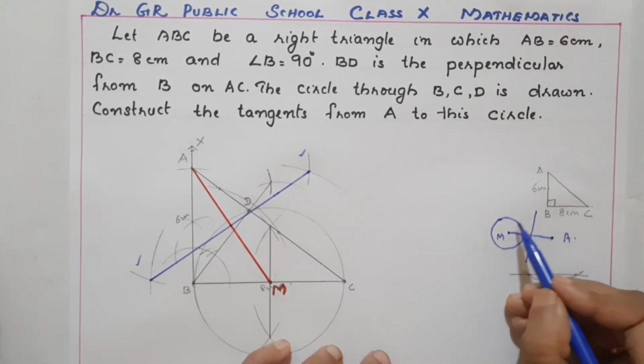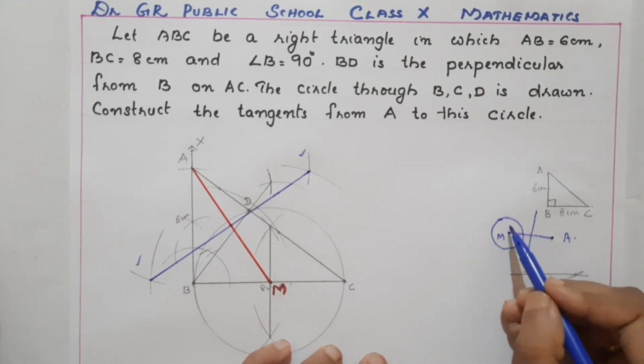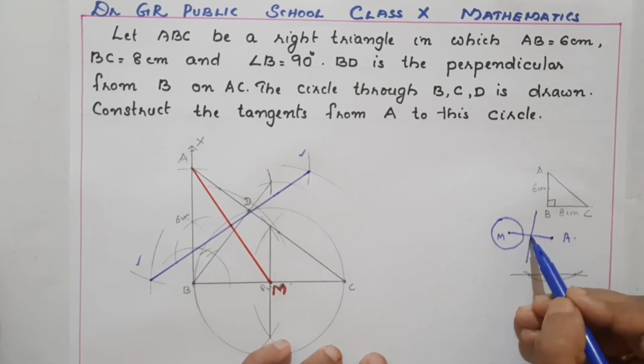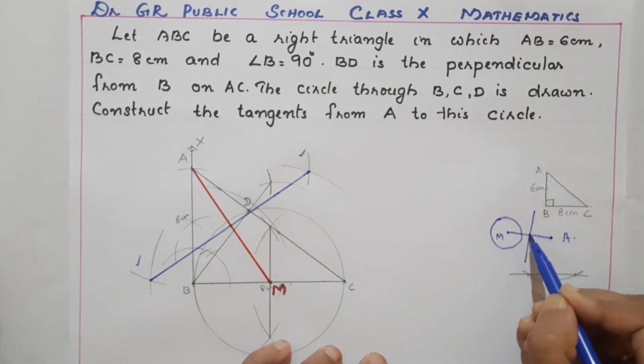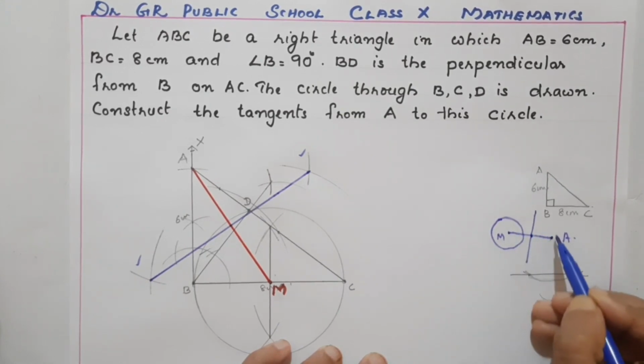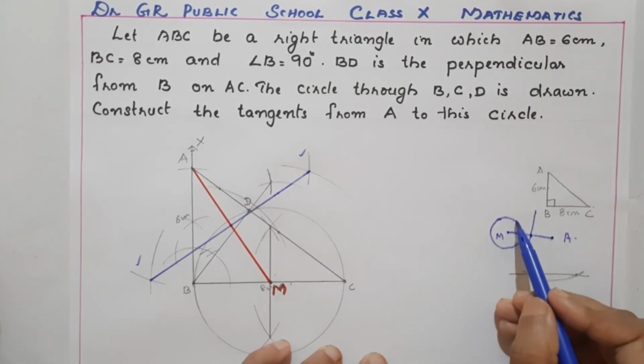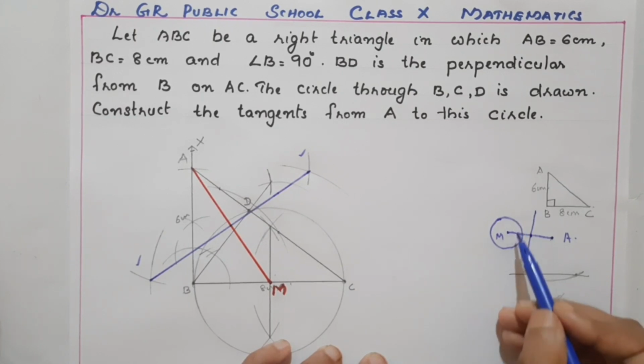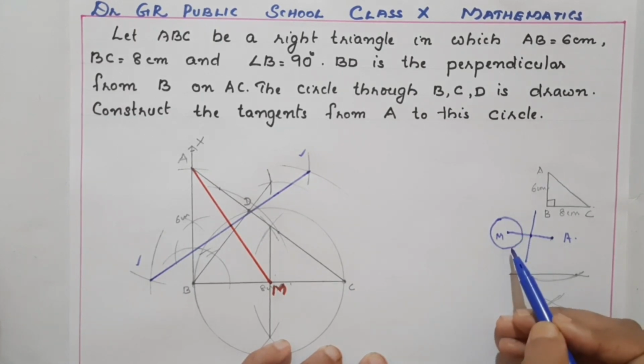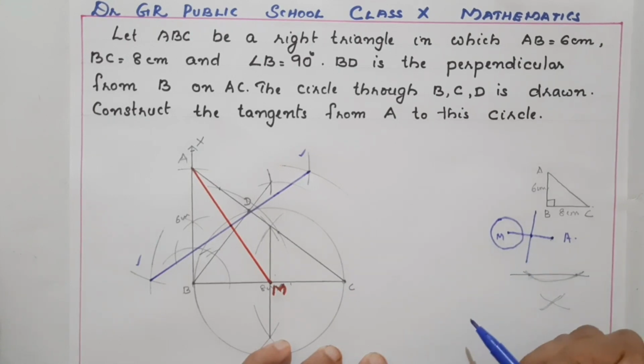Then how will you get the point of contact? With this center we will draw the circle once again. Then the points of intersection of the two circles will be the points of contact.